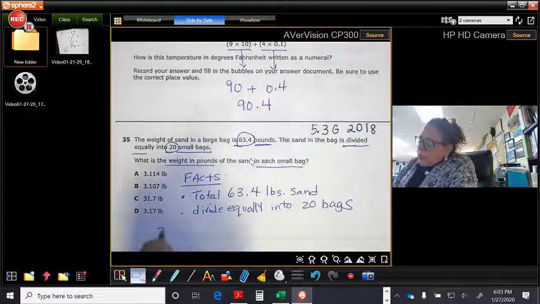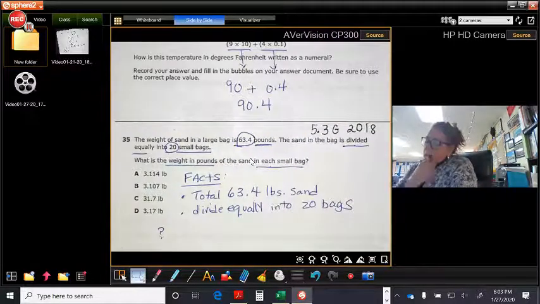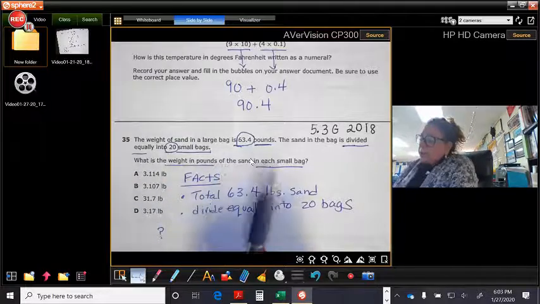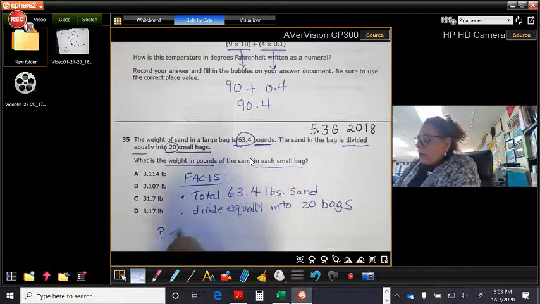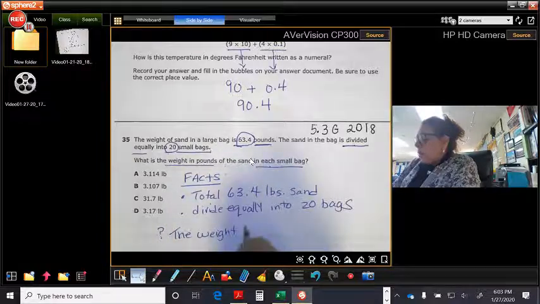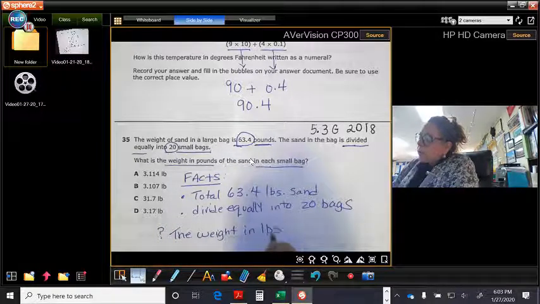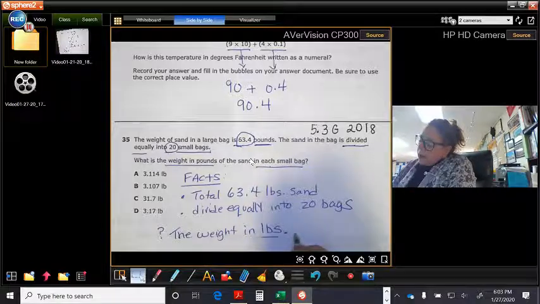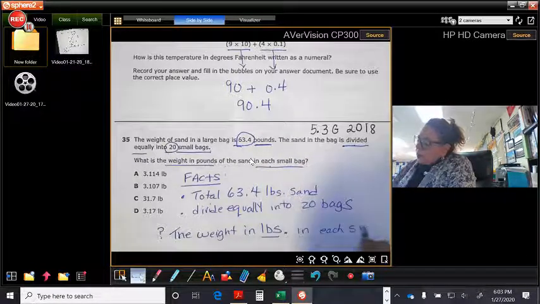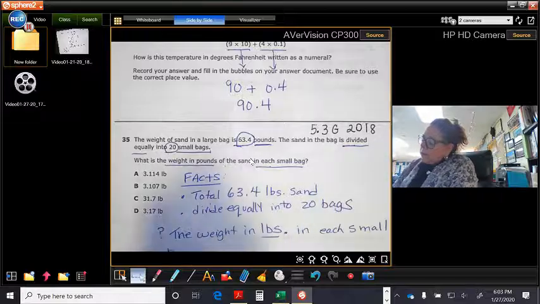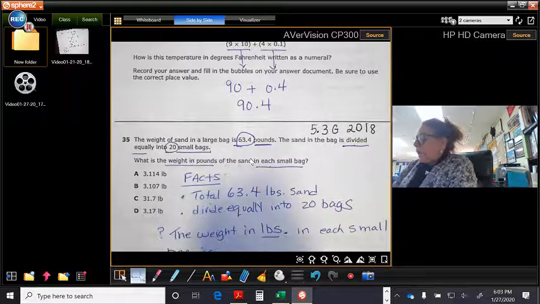Now my question, those are all the facts that I have. It says, what is the weight in pounds of the sand in each small bag? So the weight in pounds, I'm going to just abbreviate LBS. It means pounds. In each small bag is blank.